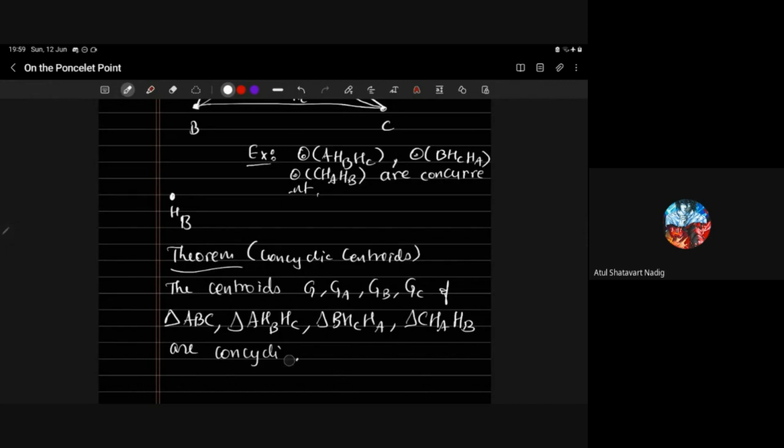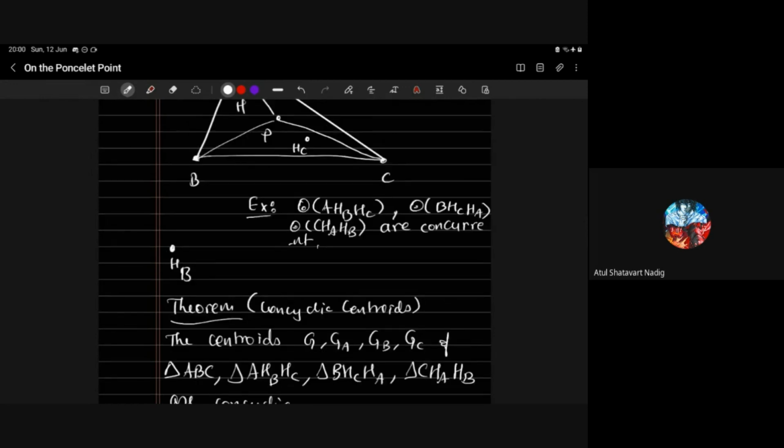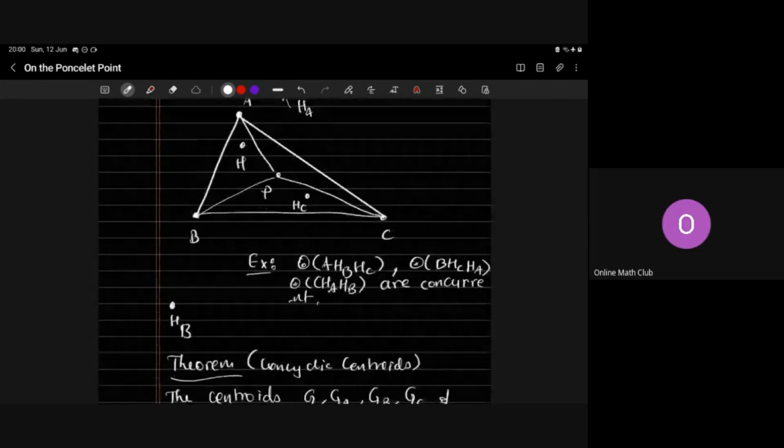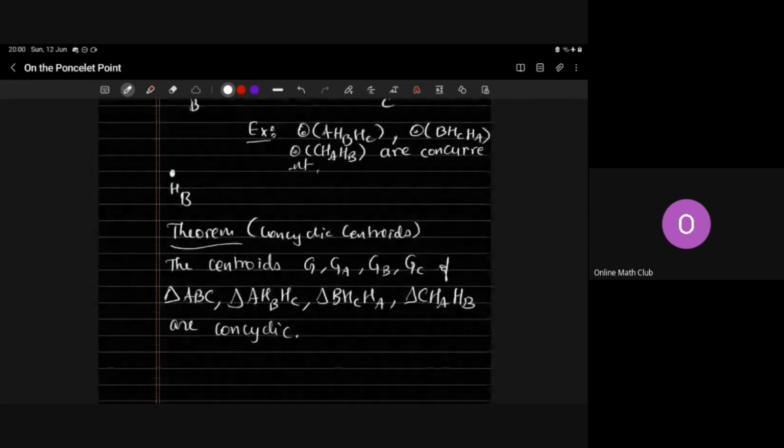So this is a remarkable result, because in general having concyclic centroids is rare. Centroids are usually not associated with angles and circles. Okay, so any questions until now? I'll move on to the proof of this theorem. No questions. We'll do the proof.